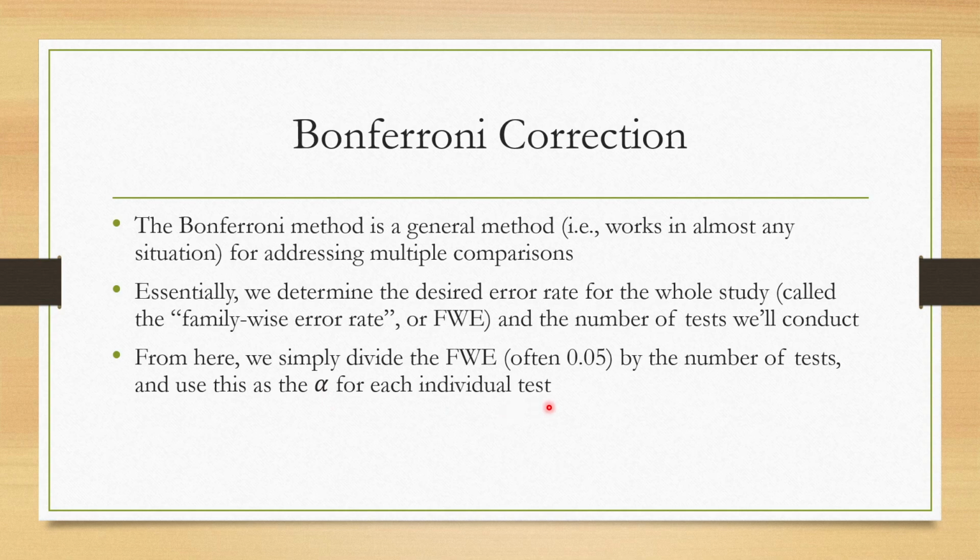each individual test. So I've got 5 different tests. Normally, I was comparing each test to 0.05. But now, after implementing the Bonferroni correction, I take my family-wise error, divide by the number of tests, get 0.01. And now for each of the 5 tests, I'm going to compare to 0.01, or use an alpha of 0.01 instead of 0.05.